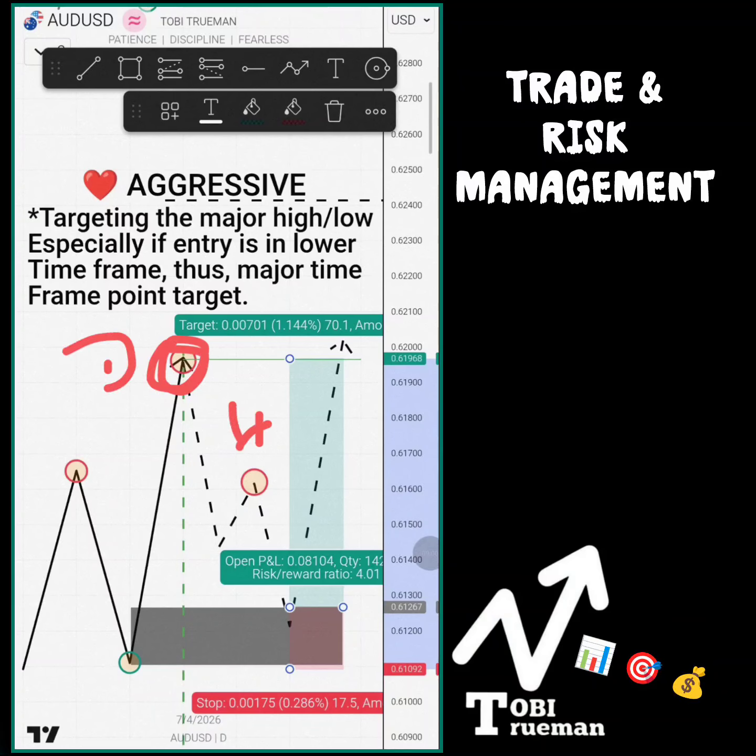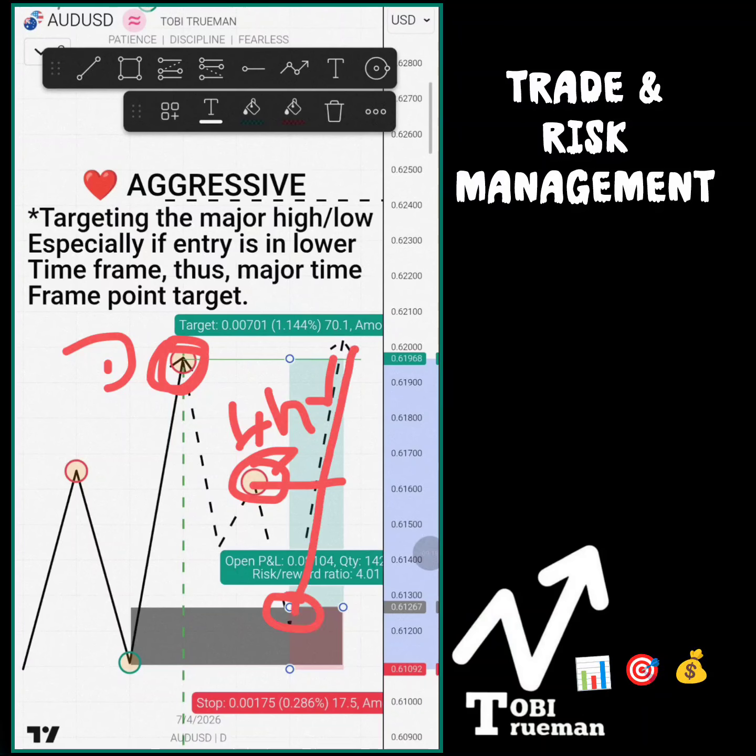So instead of targeting the 4-hour high point as when being conservative, now that we are being aggressive with our target, we will target the high point of the daily time frame, which is the higher time frame high point. That's where we target as we are buying this trade. If it's for selling, we are targeting the low point. I hope you understand. You will understand all these things better as we go into our entry model in the next series of videos. I hope you get it.